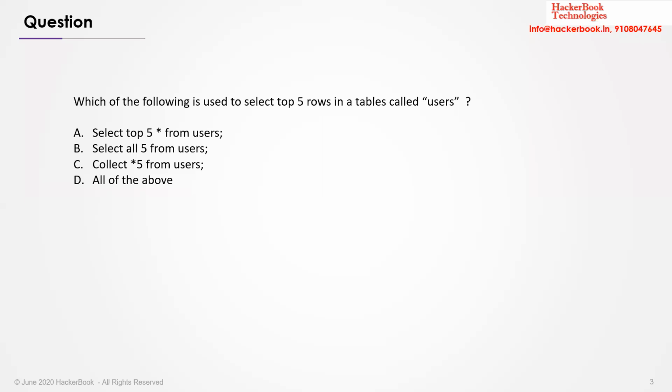Which of the following is used to select top 5 rows in a table called users? What is the correct answer out of this?